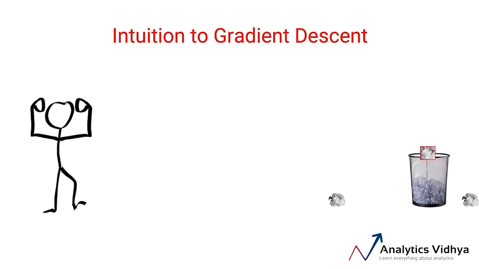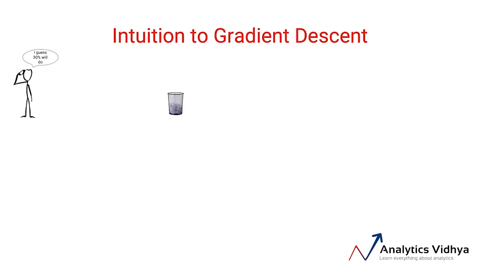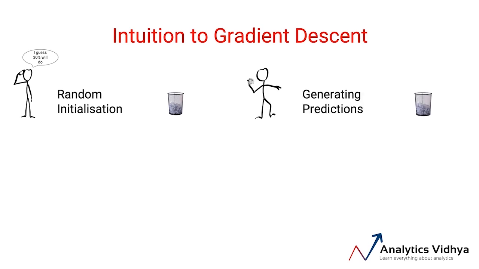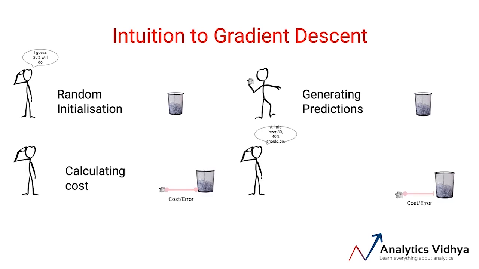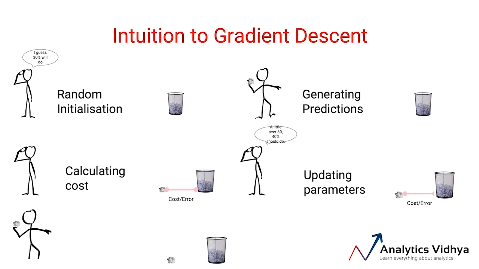What you have actually done is you have started to solve the problem by a random initialization, whatever number you thought was the right number to start with. And then you created these predictions, or these experiments, took the error or the cost into account to adjust and iterate. And you do this until you are able to send the ball into the basket.